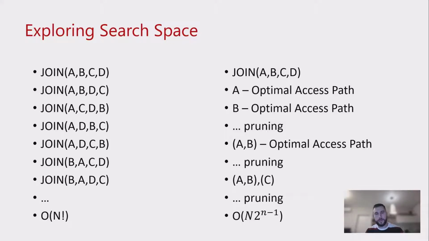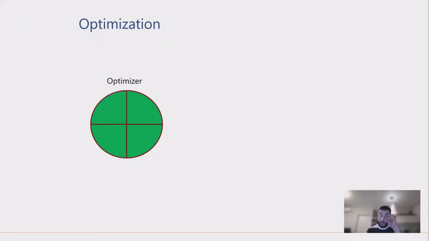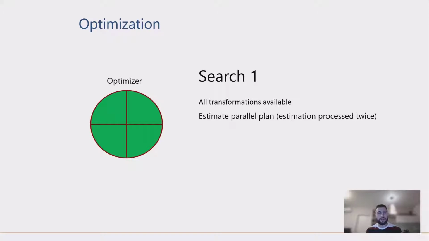Now let's go to the next stage. If the query plan which was obtained in the search 0 phase does not satisfy the internal criteria, SQL Server goes to the next phase, which is called search 1. In this phase, with all transformations available, SQL Server tries to build a lot of alternatives based on its own rules, and also at this stage SQL Server estimates a parallel plan.